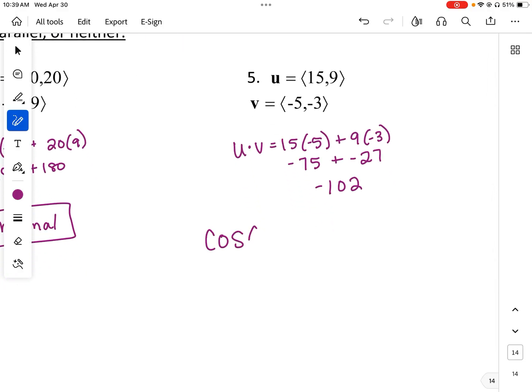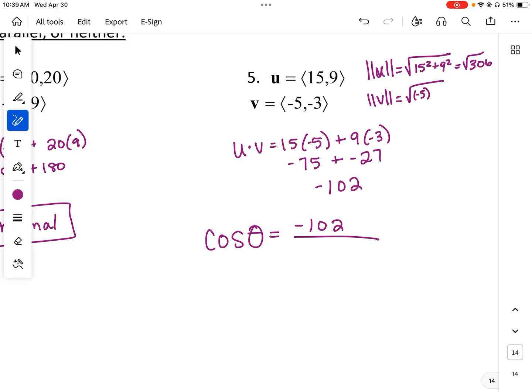Cosine theta equals negative 102 over, we need to find our magnitudes: 15 squared plus 9 squared, that would be 225 plus 81, and 25 plus 9, 34. So this will be the square root of 306 times the square root of 34.